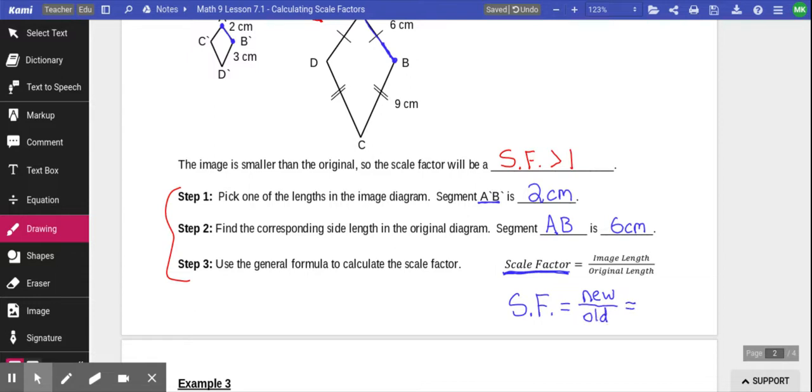So for us, our new length was 6 centimeters. Our old one was 2 centimeters. 6 divided by 2 is 3. That means my scale factor for this picture equals 3.